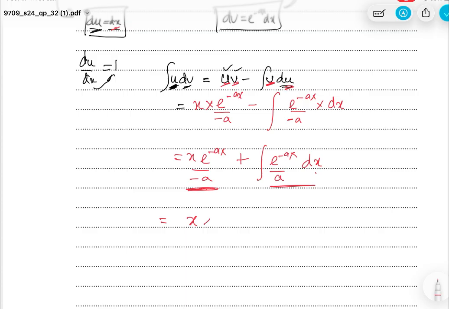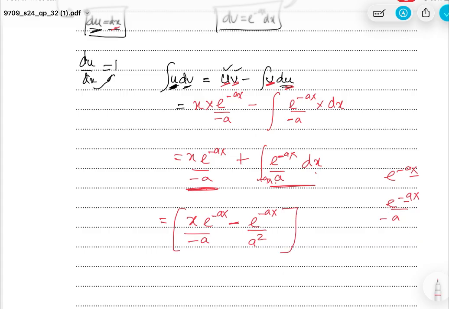This would give us x e to the power minus ax upon negative a, and integrating this, we will divide it by minus a again, minus e to the power minus ax upon a square. We are dividing this by minus a again, no? Negative a times a will give us negative a square. Yes or no? And the negative sign will come over here, so it will become negative. Okay, we got this one.